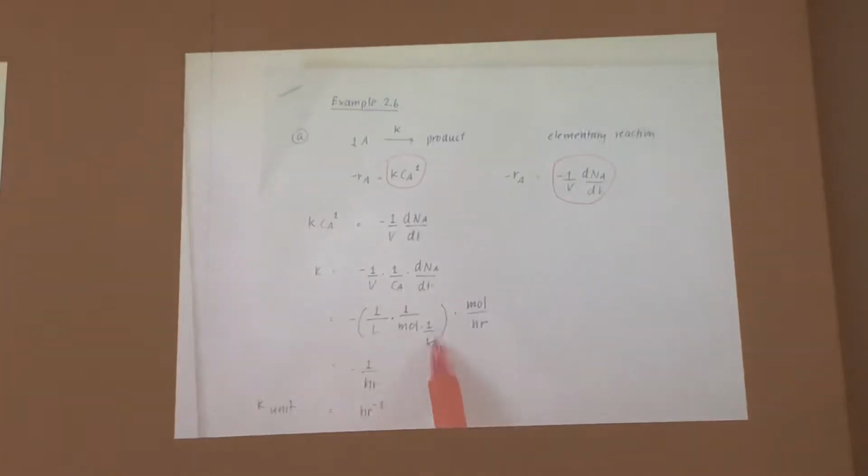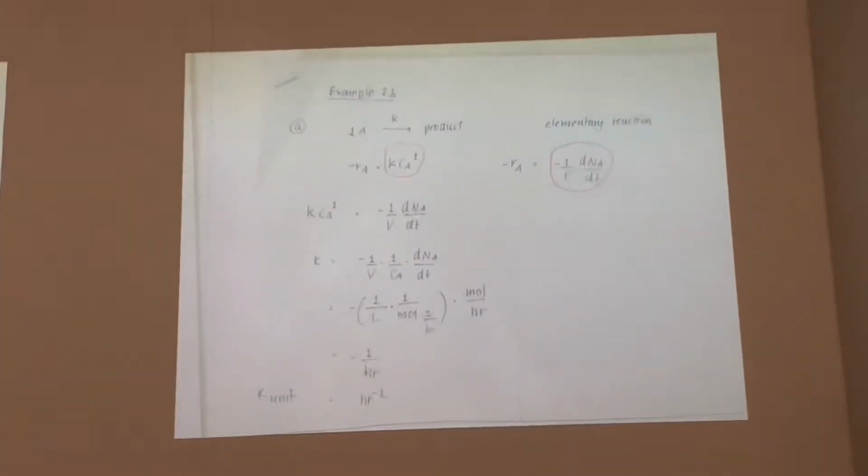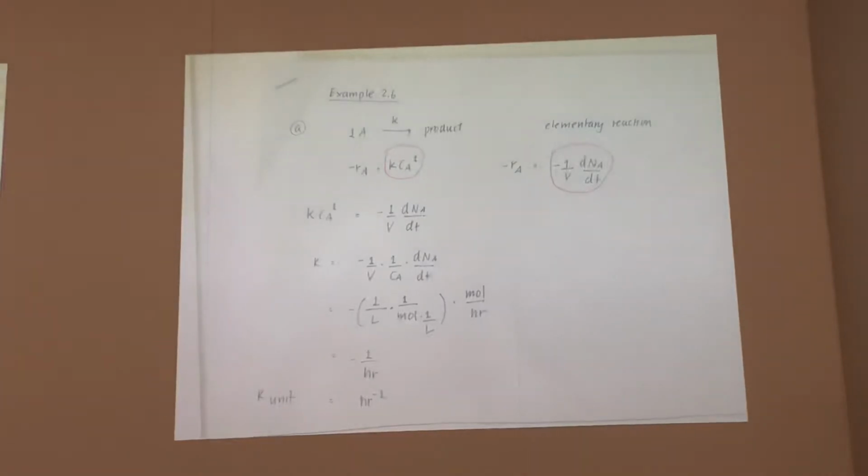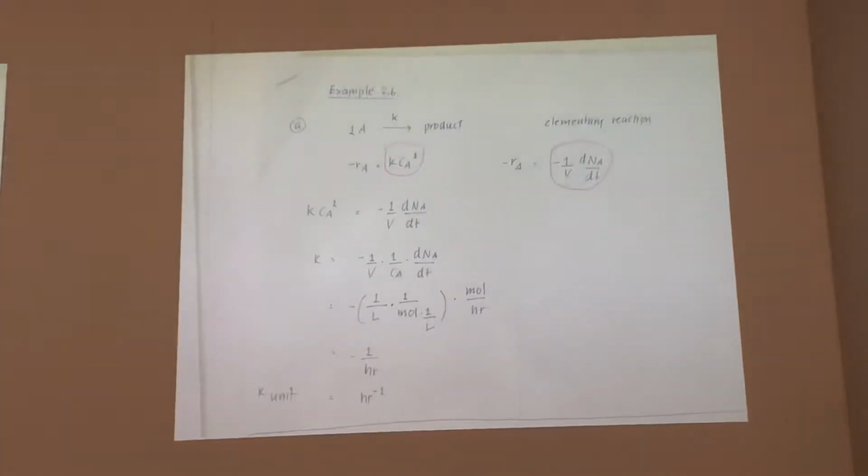Just look at the equation: dNA is mole, dt is hour. So after you work it out, you will get the unit of k is 1 over hour. And that's it. Now I give you time to digest.